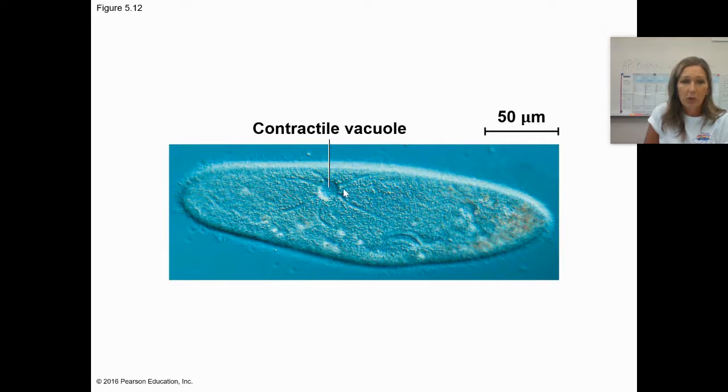Well, they have special structures. Like here, this is called a contractile vacuole. And this contractile vacuole is actually going to be collecting excess water that flows into the cell and then squirting it out, actively transporting any water that comes in back out in order to maintain the pressure that it does need to have and not too much pressure to lyse the cell.